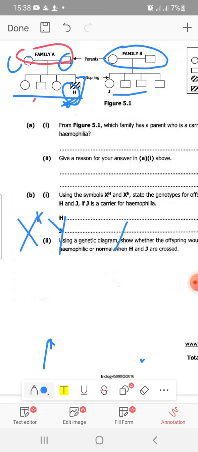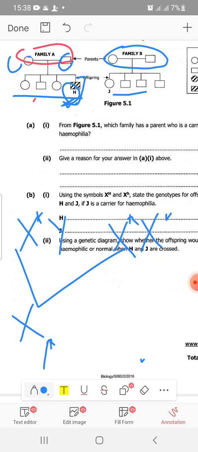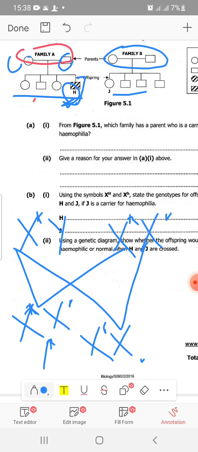Then we also have x for a female who is a carrier, so we have capital letter R and a small letter r. Then you start crossing, multiply this. X always comes first with a capital letter R, then x with a small letter r. So write the capital letter R there, small letter r there. The same x again with the other one, we are going to have x both with the small letters r on top.